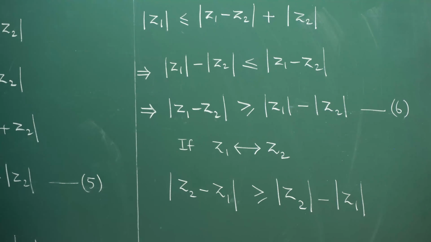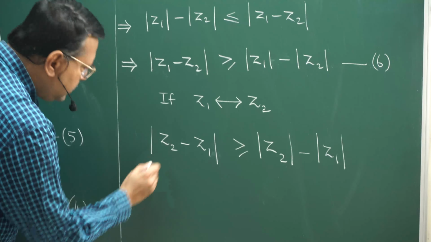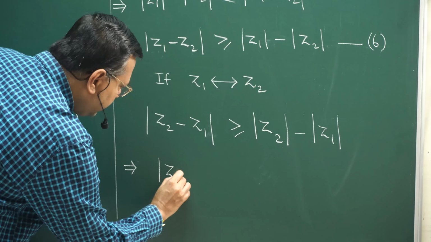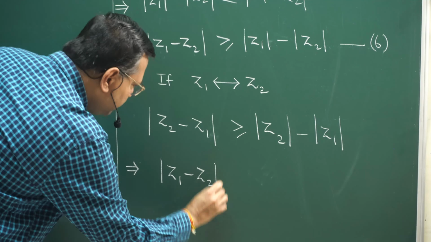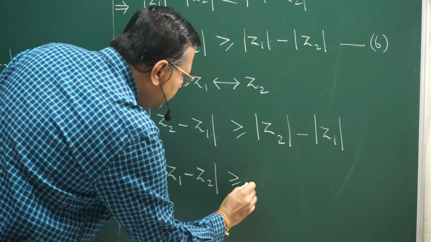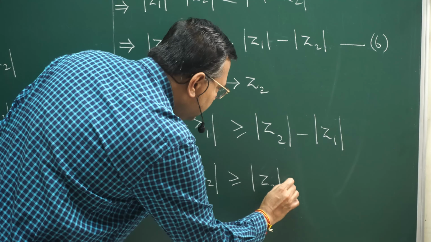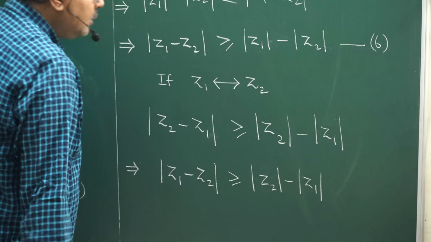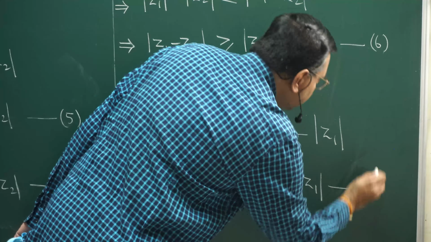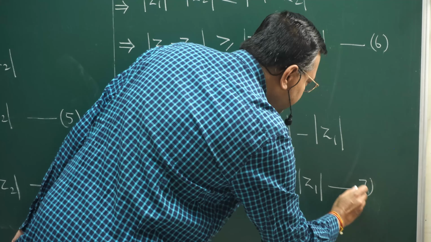Is it okay? So now you simplify this. This is nothing but modulus of Z1 minus Z2 is greater than or equal to modulus of Z2 minus modulus of Z1. And that's your equation number 6. 6 is over, so I will call this 7.